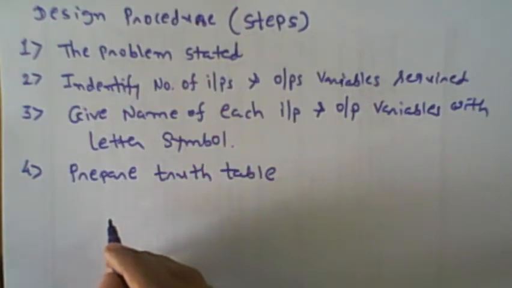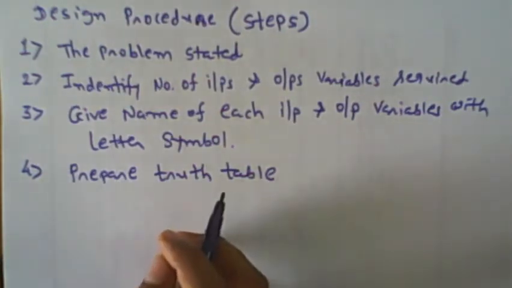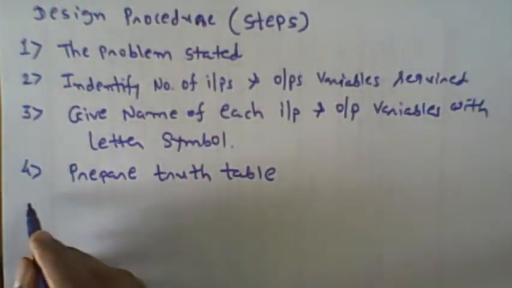A truth table lists all the possible combinations of input variables and the corresponding desired output as per the problem statement.